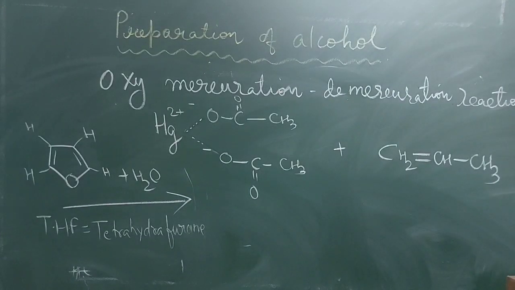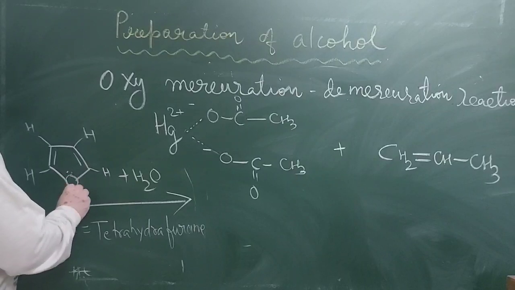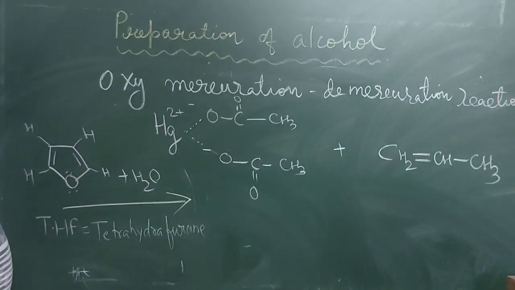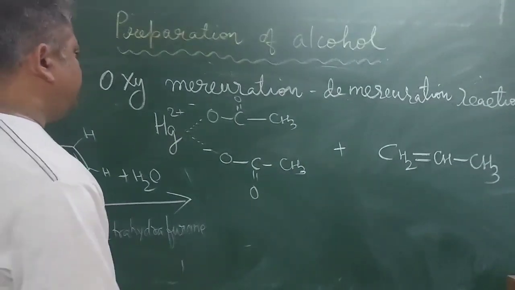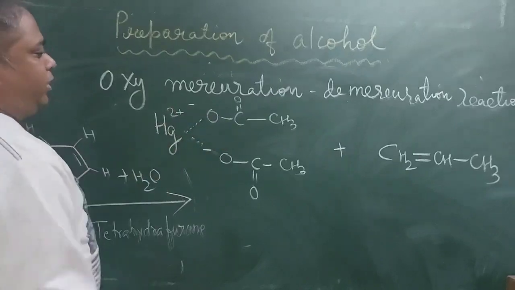Tetrahydrofuran contains a lone pair of electrons and can take Hg plus very easily. Now what happens? It has one electropositive part and one electronegative part.